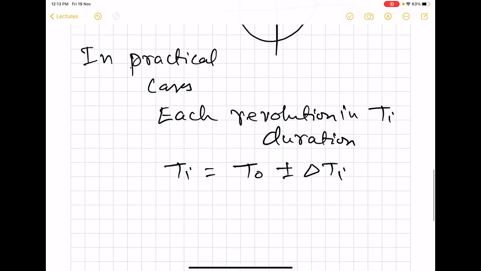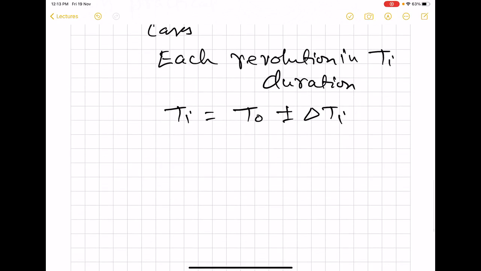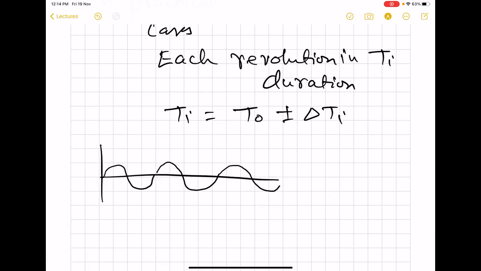duration required. So what will happen in this case, if you see the plot of the sinusoid, is that the cycles are not going to be of the same duration T naught. Some of them will be more than T naught, some of them could be smaller than T naught. So here we have T1 duration for the first cycle, then T2 duration for the second cycle, and T3 duration for the third, and so on.